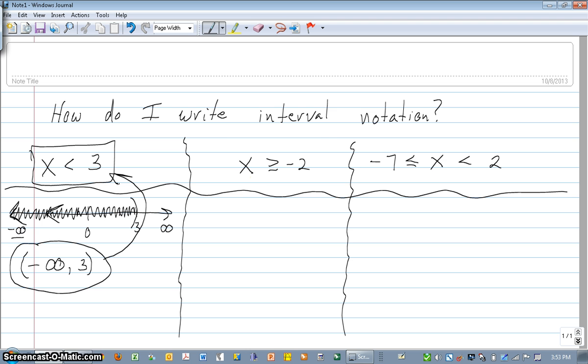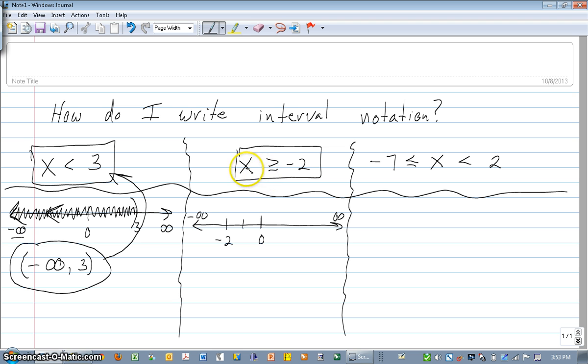Okay, so let's do the same thing for this second inequality. If we sketch out our real number line, we've got negative infinity over here to the left, positive infinity to the right, 0 in the middle, and negative 2 is somewhere around in there.